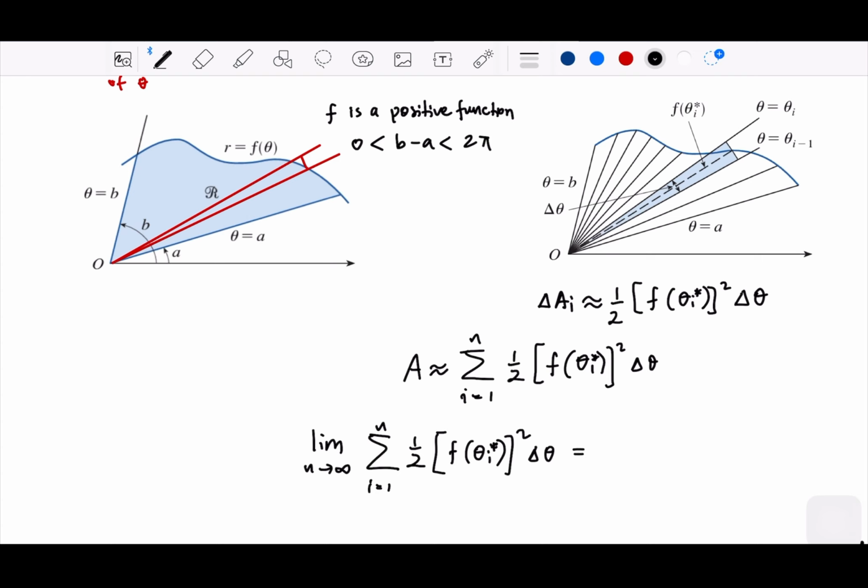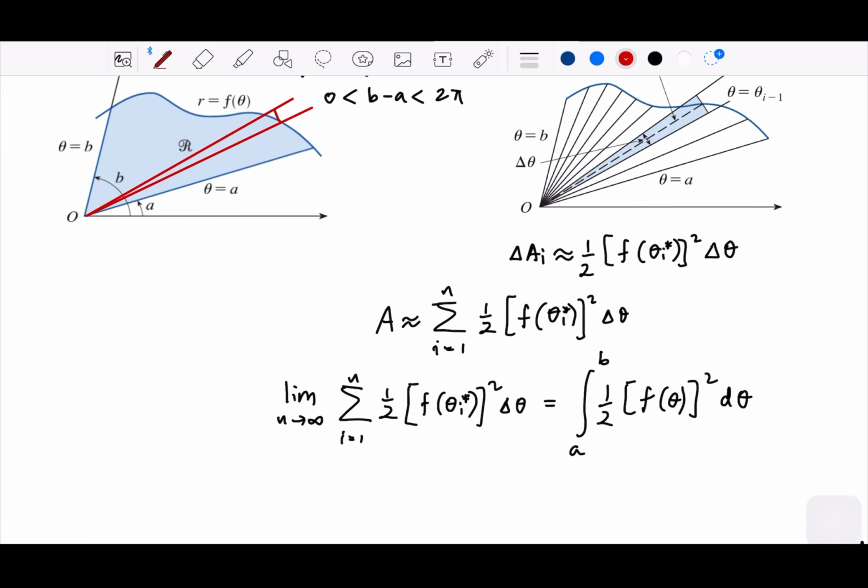And then if we take the endpoints from A to B, this is simply the formulation for the area under the curve.